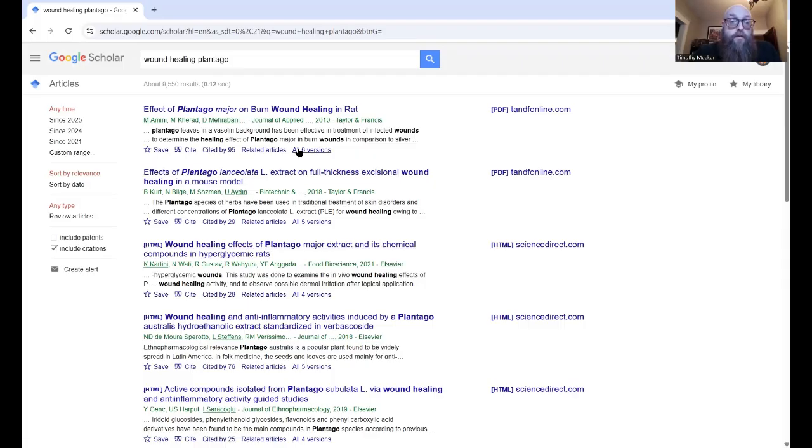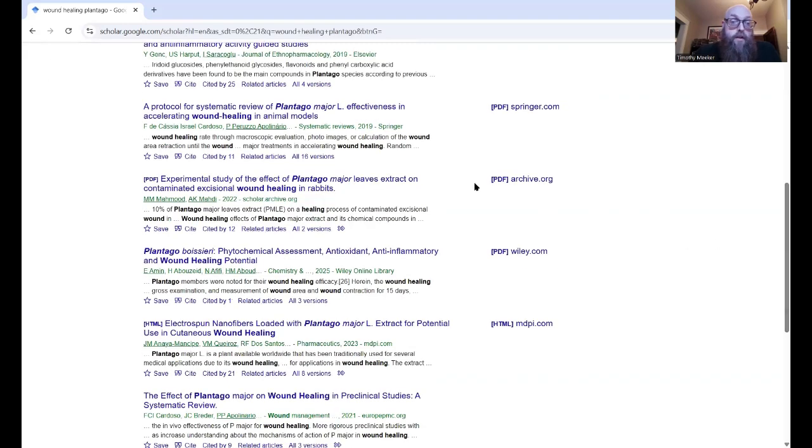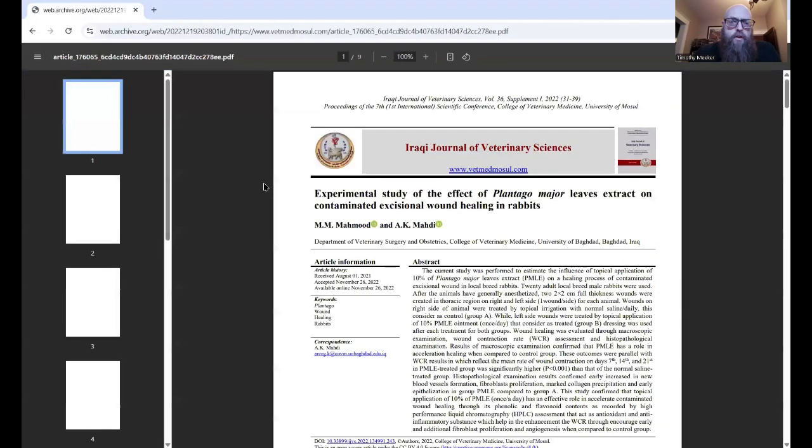It shows many of the versions as well and the version history and things like that. So I find it a little more difficult to use because it is sort of more complicated. And so we have scholar.archive.org. This is the Iraqi Journal of Veterinary Sciences. I'm sure that they're respectable, but they may not be listed with PubMed.